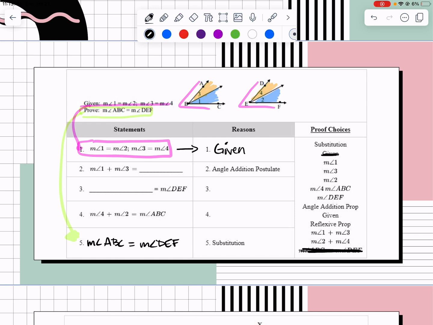Okay, so looking at what I've been given, I was given that angle 1, this angle right here, plus this angle right here is equal to something. And it's by the angle addition postulate. So if you're not sure, you should go read angle addition postulate. But it's really just talking about how 2 smaller angles that are adjacent can add up to the larger angle. So the larger angle is the measure of angle ABC.